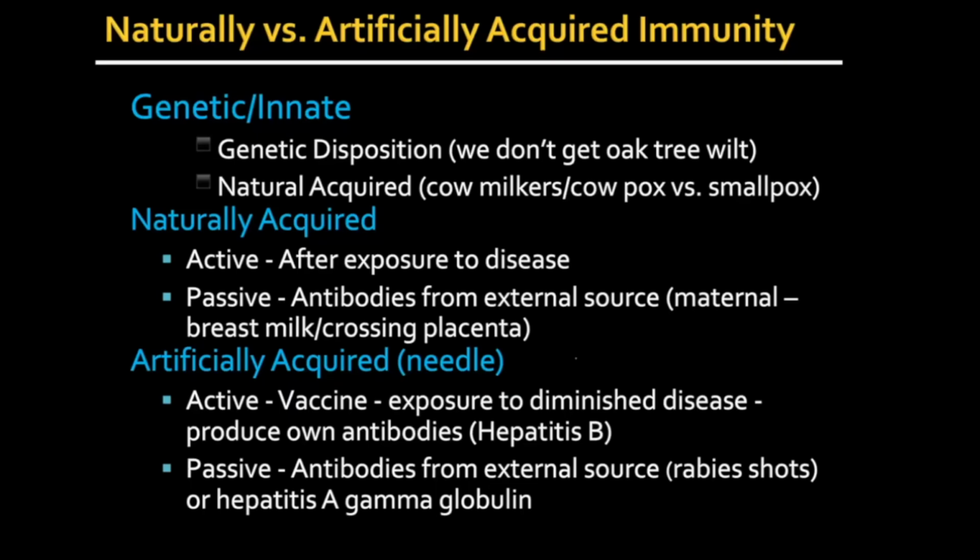So if you're ever exposed again, your antibodies are going to mark that hep B, and your body will knock it out before you get infected with it. So that's vaccination, the artificially acquired.